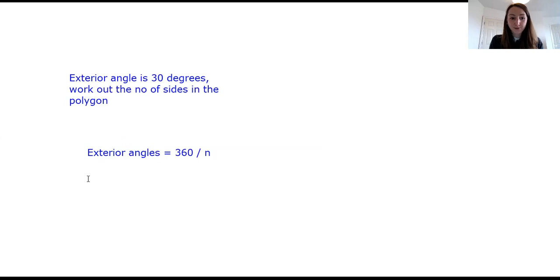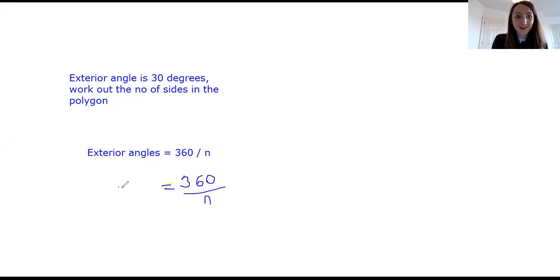So then following on from that, our exterior angle is going to be 360 divided by n. I'm going to write this in freehand and you'll see why in a minute. So we've got my exterior angle is 360 divided by n.